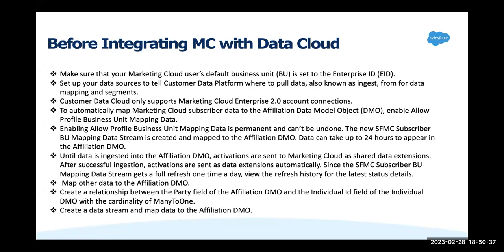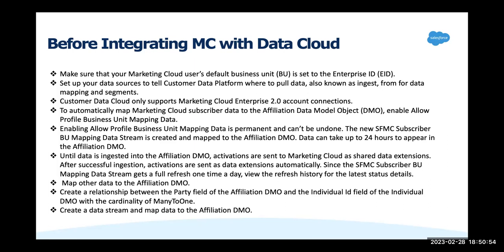Data Cloud only supports Marketing Cloud Enterprise 2.0 connections. If any customer has an existing Marketing Cloud account, I would recommend upgrading to Enterprise 2.0 so that it can be connected to Data Cloud.